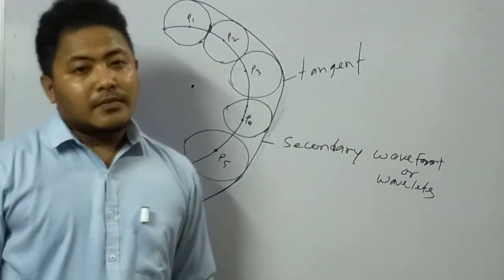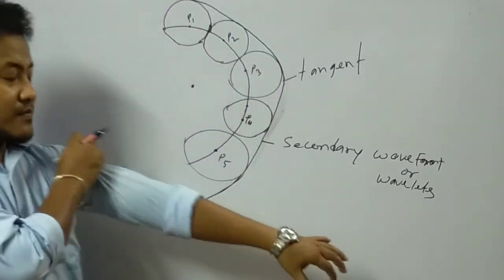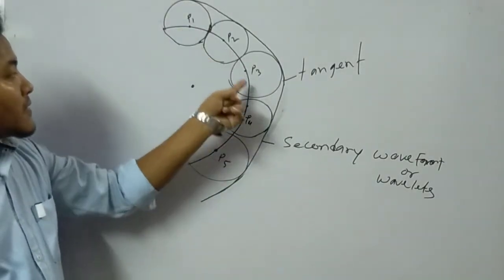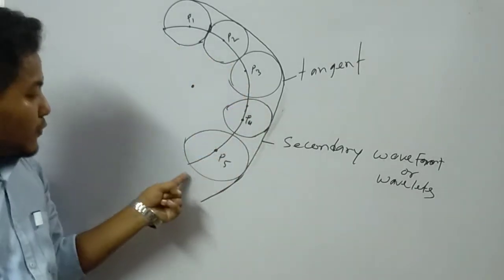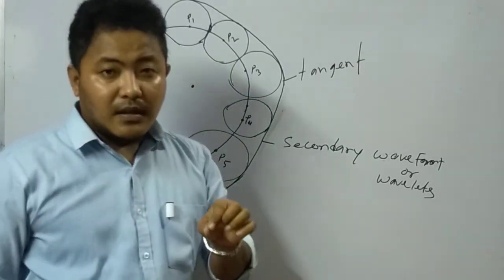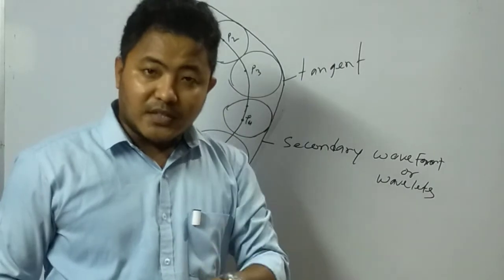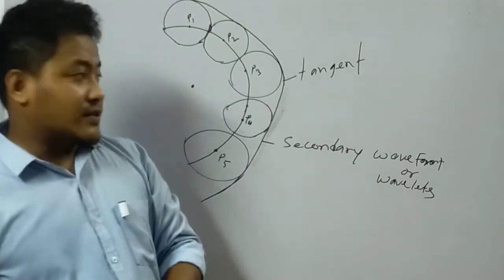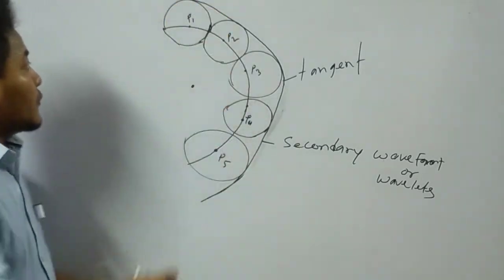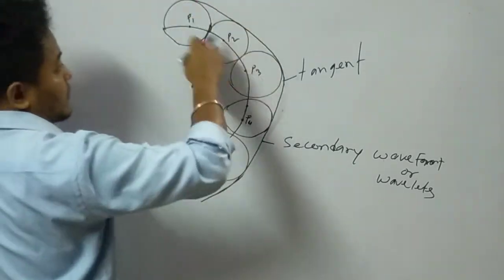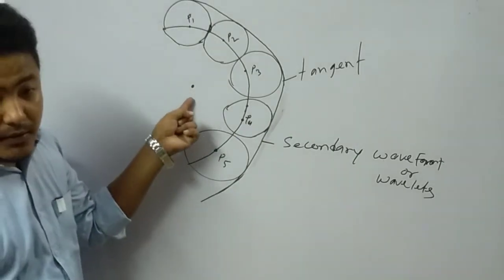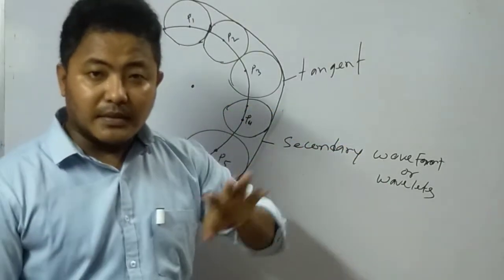Again I am explaining it, please remember. First, all the particles on the wavefront behave like a fresh source of disturbance and produce secondary wavefronts or wavelets, like that. So this is producing some wavefront. Number 2, the speed of the particles is the same in the medium.